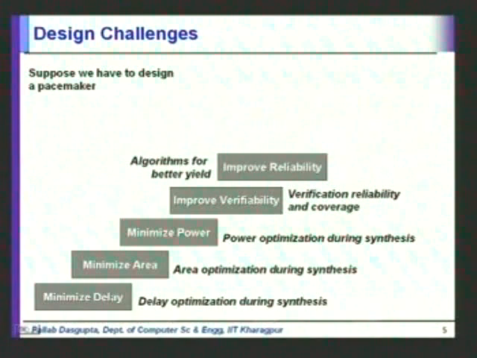Then the reliability aspect. This reliability is different from the previous verifiability. Verifiability is to check whether it is functionally correct, but reliability is about its correct implementation in silicon. Why is that becoming a major issue? Because you are going down in technology, so you may know that the dimensions of the transistor are shrinking with every new technology that we are having.